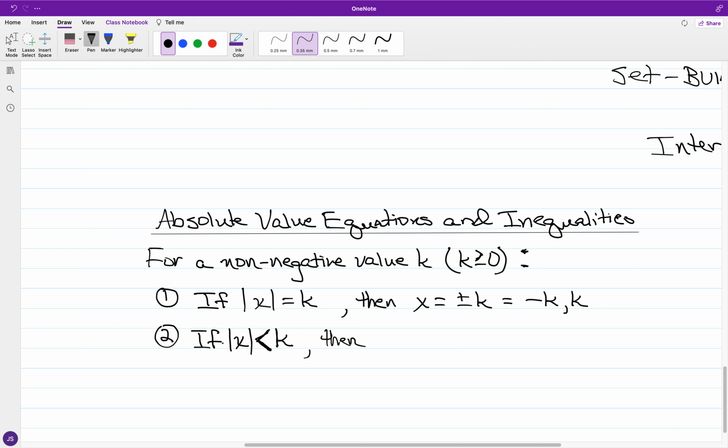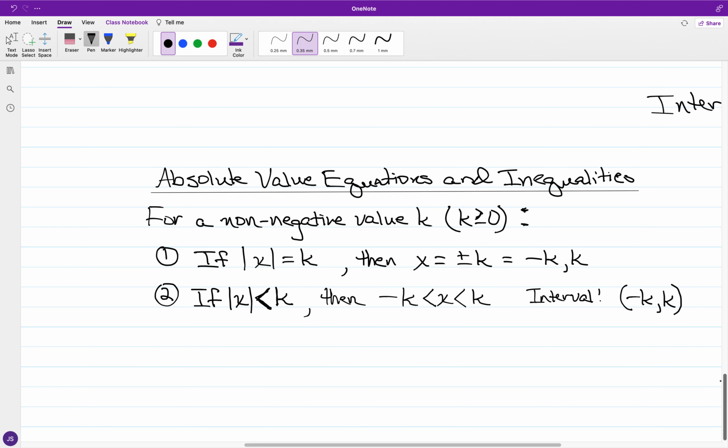If the absolute value of x is less than k, upon removal of the absolute value bars, we have the statement that negative k is less than x, which in turn is less than k. In essence, your interval notation for x will be parentheses surrounding negative and positive k, where neither negative nor positive k will be included in the set.